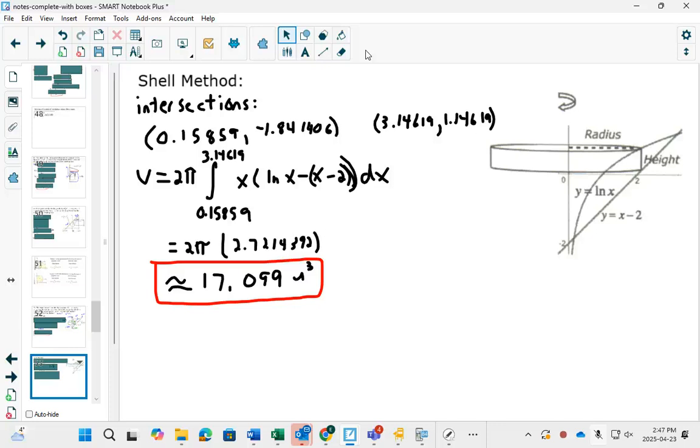So this could be an exam question, because it wasn't hard to rearrange the equations to be in terms of y. It wasn't hard to use the disk method. We had to use our calculator to find the intersection. Is the shell method a tiny bit more efficient?